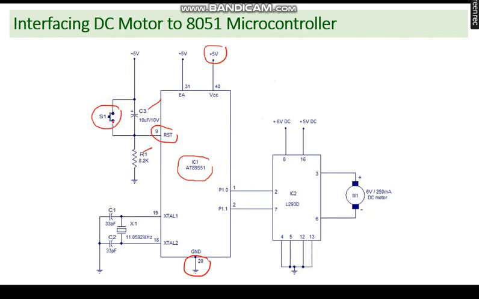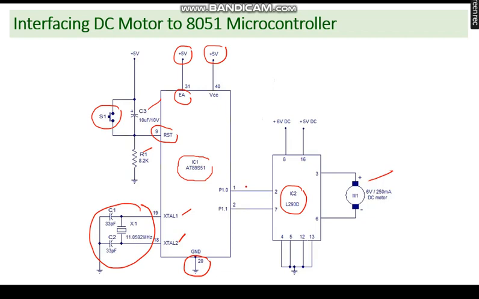By pressing this switch we can reset the 8051 microcontroller. The crystal is connected across the crystal 1 and crystal 2 pins of the 8051. Since we are not using any external memory, pin EA bar is always connected to plus 5 volt of the supply.